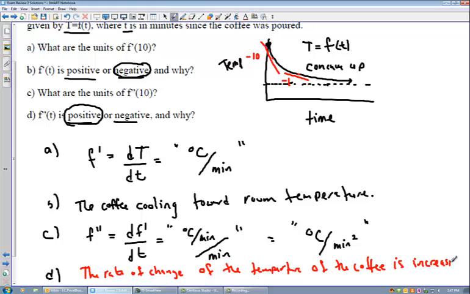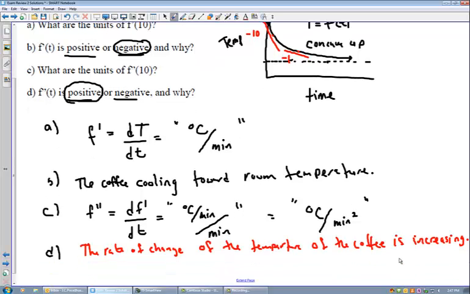We're pretty safe with that statement in calculus. So I'd probably write something like that. You could also say the rate of change of the coffee, or the derivative, is increasing. That's, I think, even a better way.